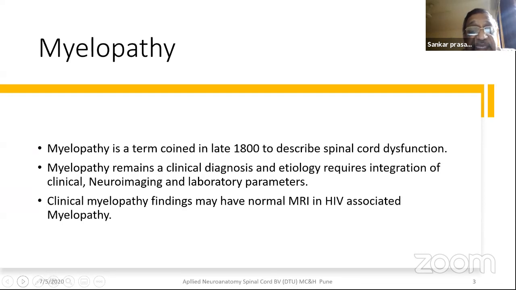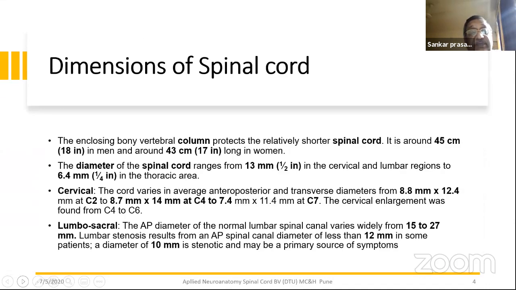Myelopathy remains a clinical diagnosis, and etiology requires integration of clinical, neuroimaging and laboratory parameters. Clinical myelopathy findings may have a normal MRI, as you can see in HIV associated myelopathy. That's why I keep saying myelopathy is a clinical diagnosis, and MRI and various other tests may help us in establishing the etiology.